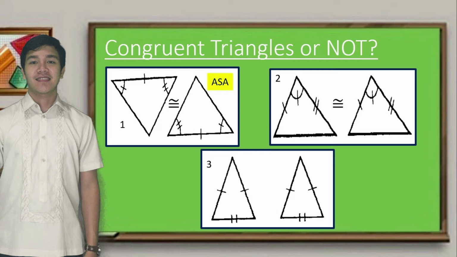Next, excellent. The figures in number 2 are congruent. If we analyze, these figures are congruent because of the criterion side angle side. Amazing! Your answers are correct. Number 3, by means of side, side, side.